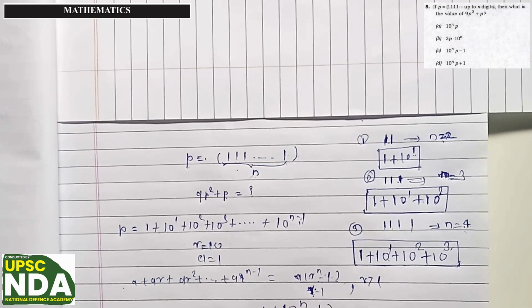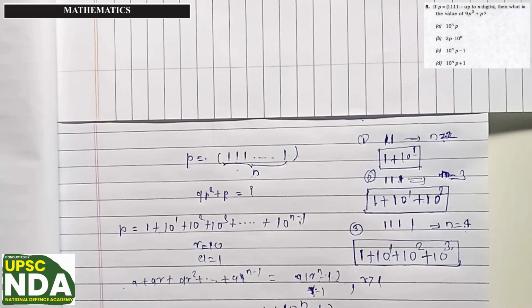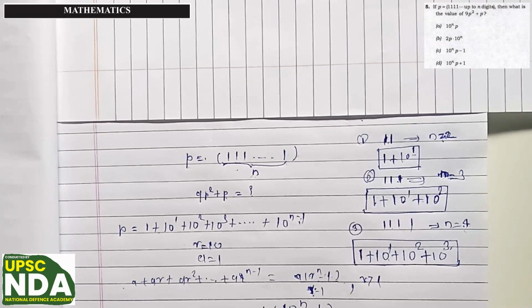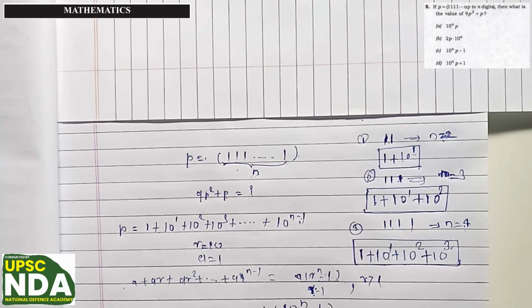Multiplying by 9, we get 9p equal to 10 raised to n minus 1. Now taking the negative across, 9p plus 1 is equal to 10 raised to n.